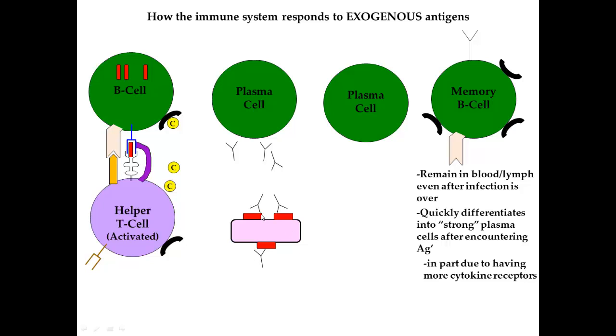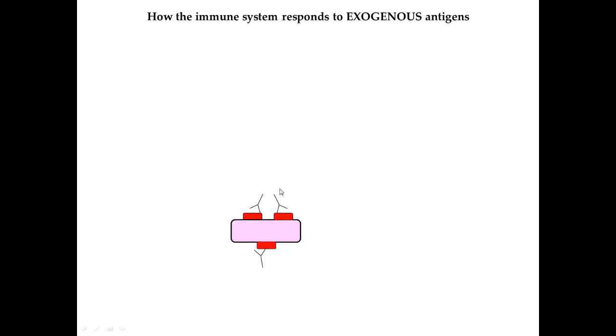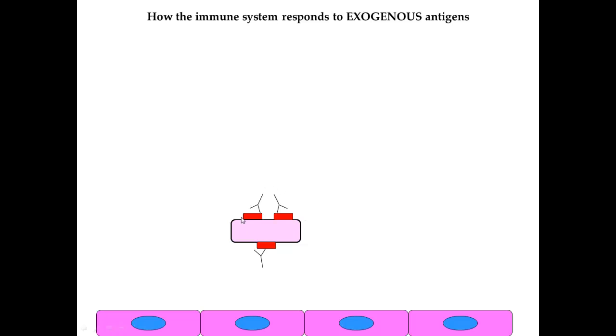Let's take a closer look now at how antibodies help to control infection. So imagine now these are the host cells, and this is the bacterial cell. One of the things that antibodies can do is they can bind to a particular molecule on the surface of that bacterial cell and interfere with its function.